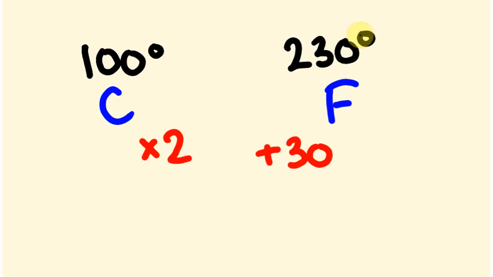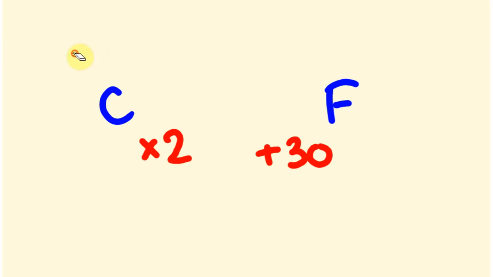Okay, so let's have a look at another one of these. See if you can work it out before I can work it out. I'm going to speak a bit of gibberish between writing it in and working it out. So what about 46 degrees Celsius? Have you worked it out yet? 46 times 2 is 92 degrees.